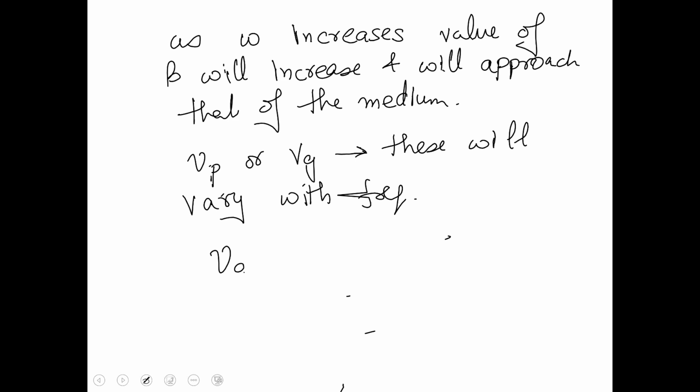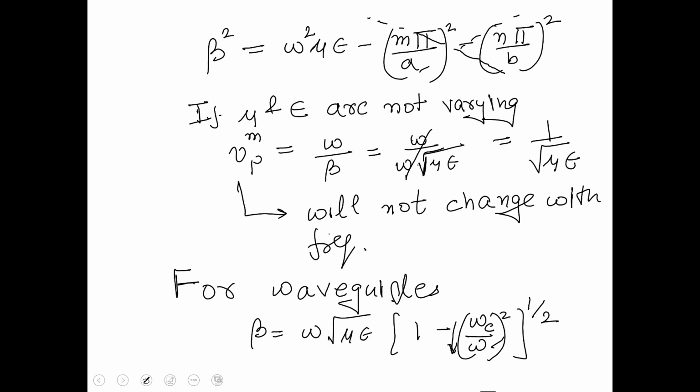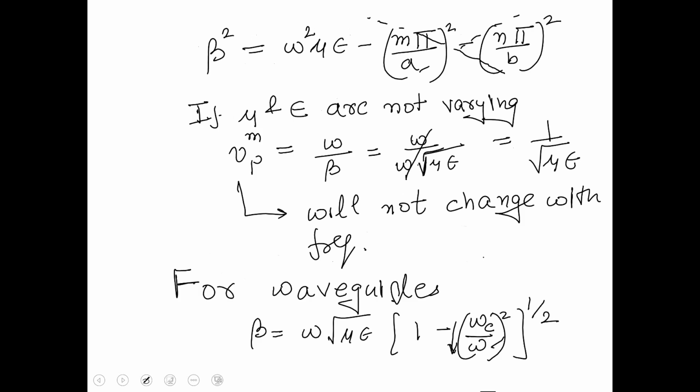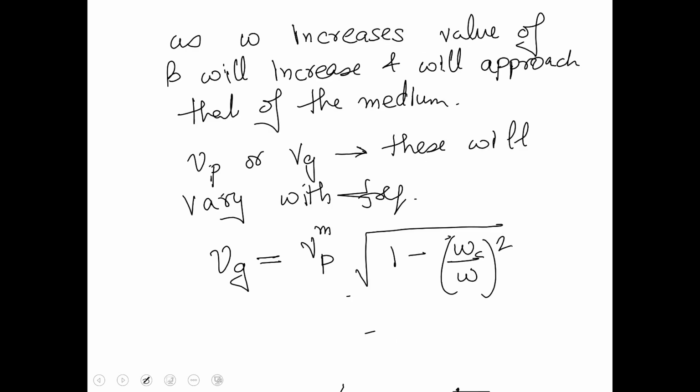Vg, which is really what we are mostly concerned with, how the energy is traveling, is going to be Vp medium times the square root of 1 minus omega c by omega square. So as the frequency is increasing, the group velocity is also going to increase. So it's telling you different frequency components are going to travel through the waveguide at different speeds.